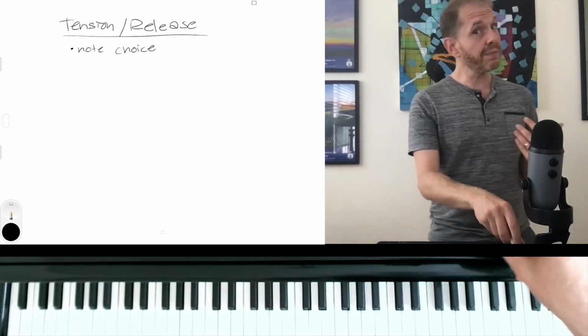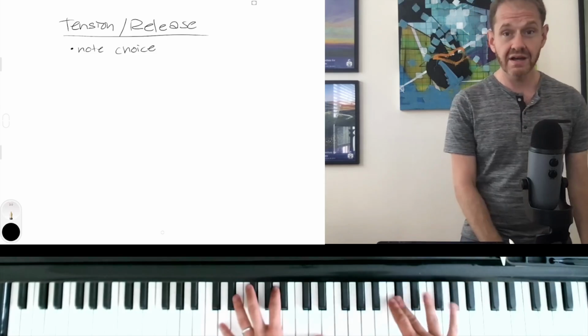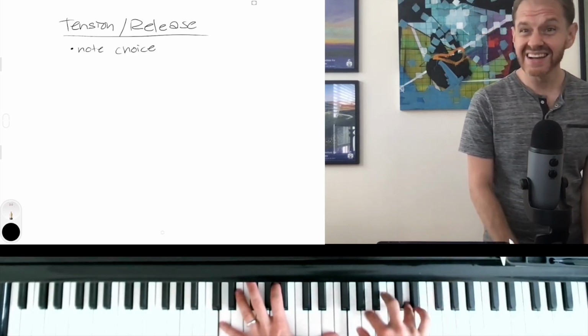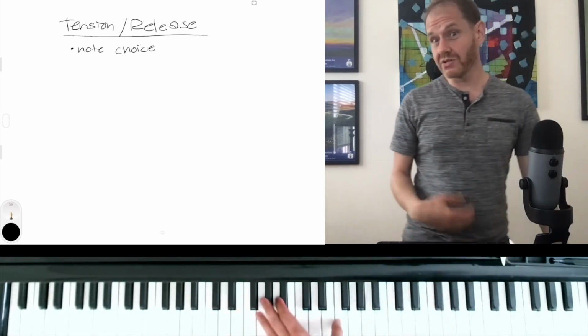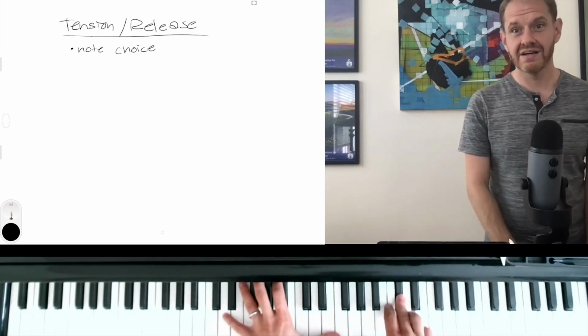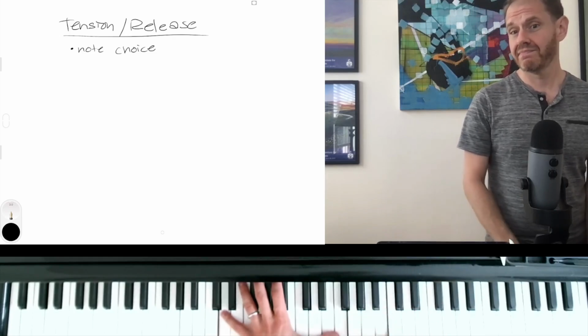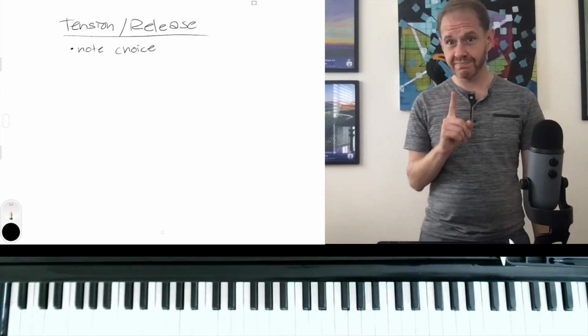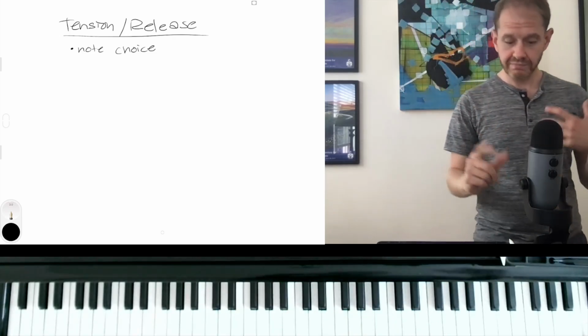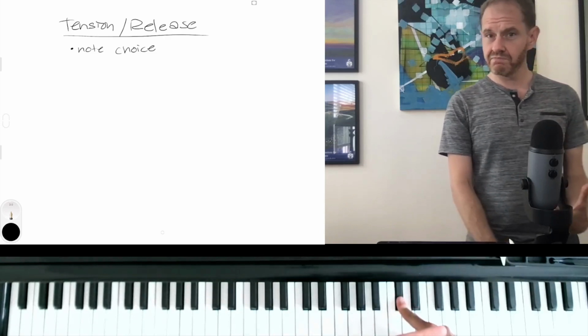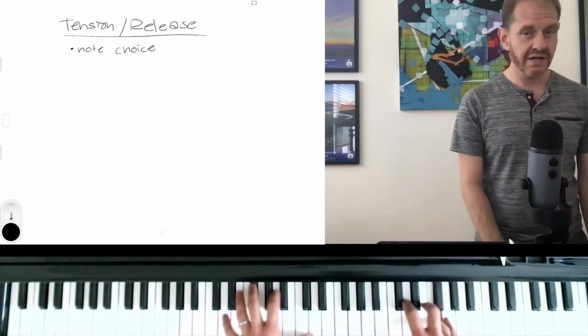Now, certainly if I start playing notes out of the mode, there's not that much room for disagreement. But I'm literally thinking out loud, could I set up this C sharp to be a point of release?